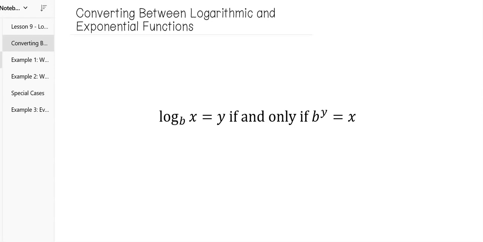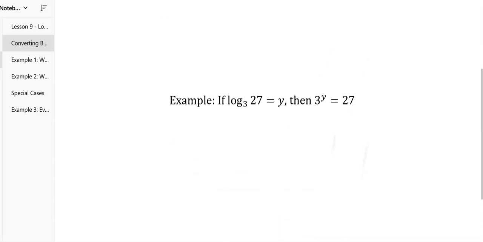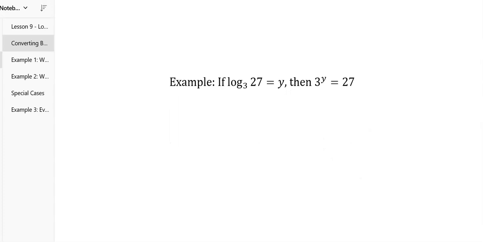So you're going to take whatever number that base is and raise it to whatever y is, and then set that equal to x. So for example here, we've got if log base 3 of 27 equals y, then we can rewrite it as an exponential equation as 3 to the y equals 27.